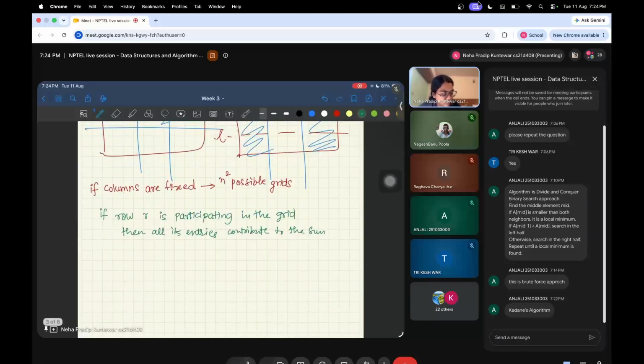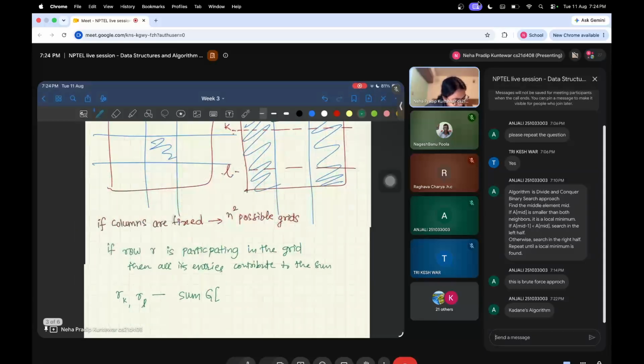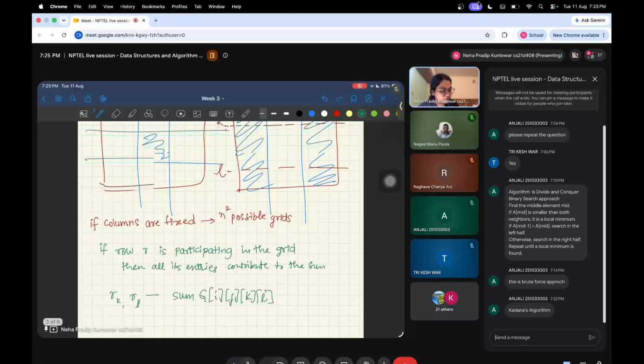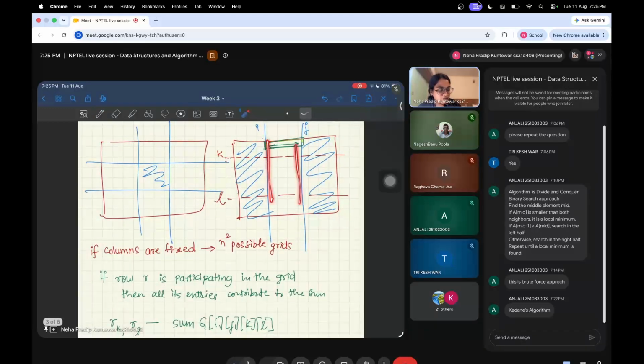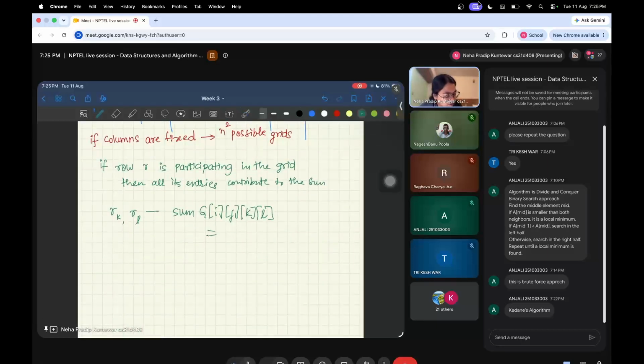In particular, if I choose rk and rl to be the rows, then the sum of the grid defined by i, j, k, l, basically the grid between columns i, j and rows k, l, is nothing but the summation of entries of the rows.